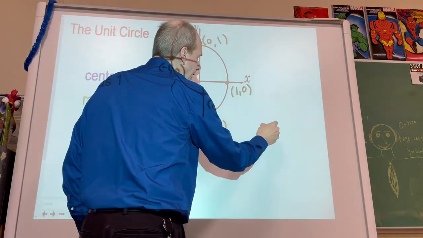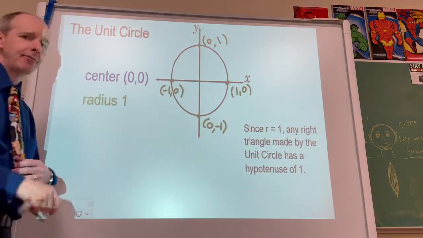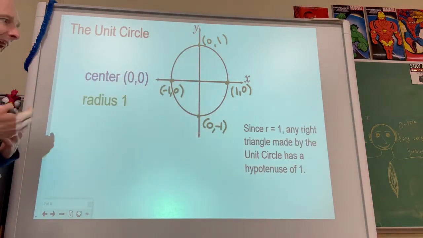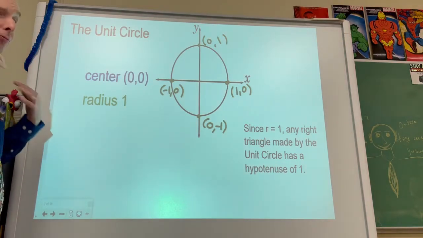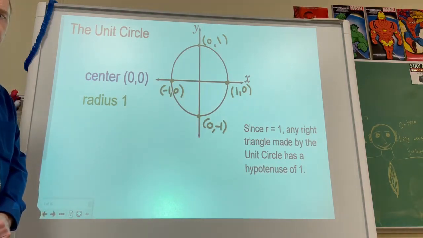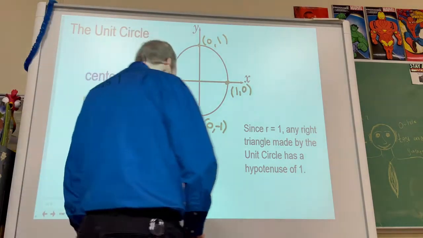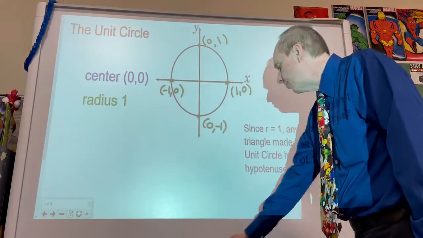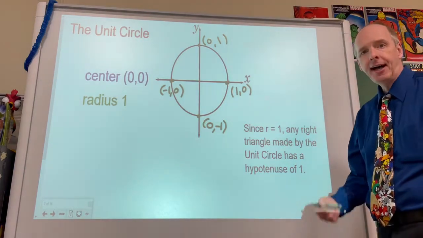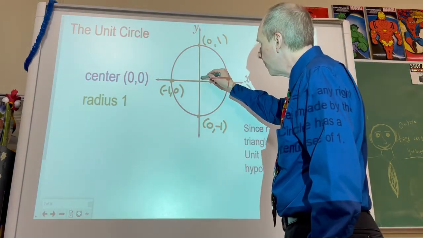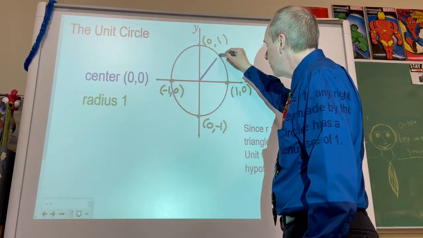Now, because we have a radius of 1, any right triangle made by the unit circle has a hypotenuse of 1. So if I were to draw a unit circle and then draw some right triangle inside, here's my triangle.